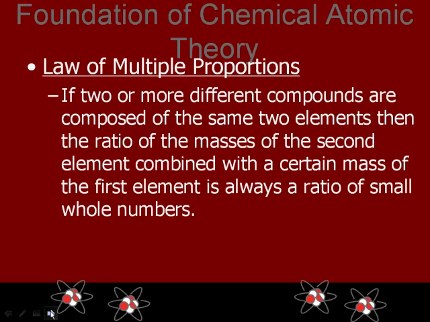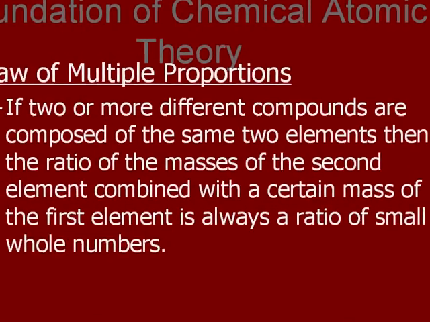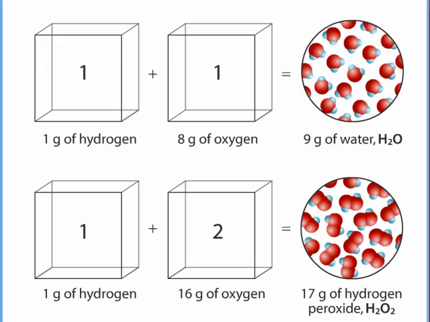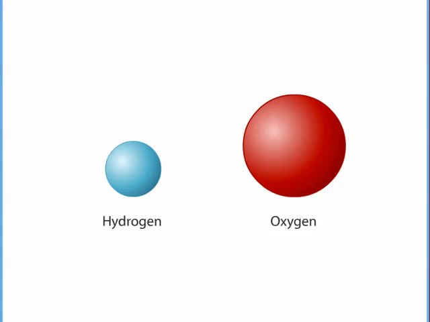Right. So let's look at an example of the law of multiple proportions. This example is going to use hydrogen and oxygen. The law of multiple proportions states that the mass ratio for one of the elements in a compound that combines with the fixed mass of another element can be expressed in small whole numbers.